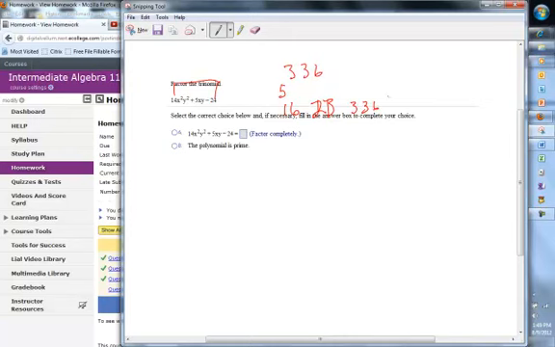So our two numbers are 16 and 21. So we split that middle term into minus 16xy plus 21xy minus 24, 14x squared y squared.